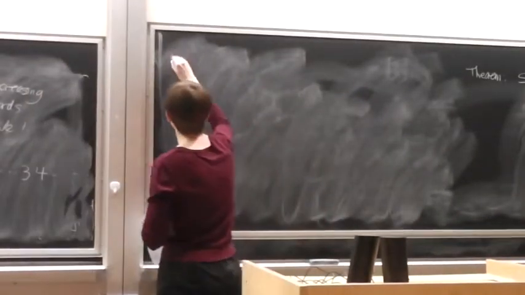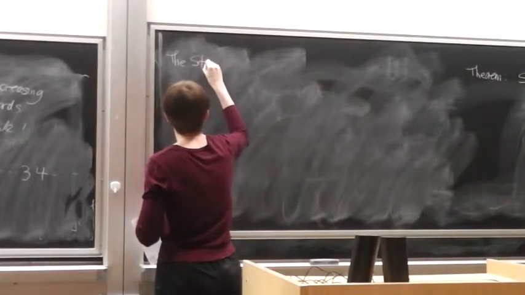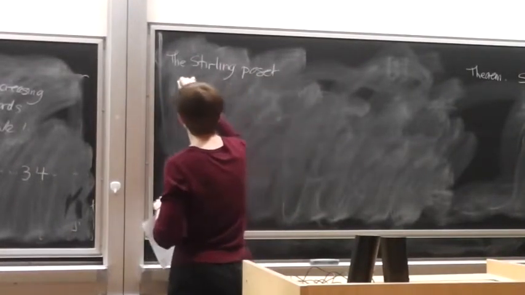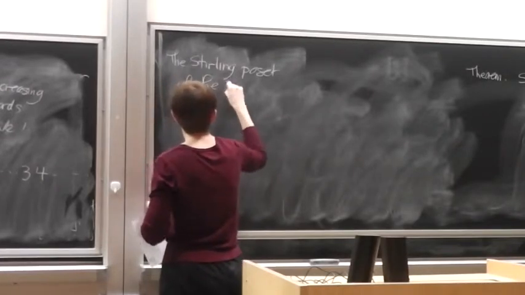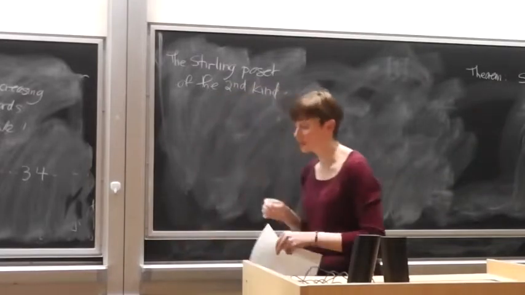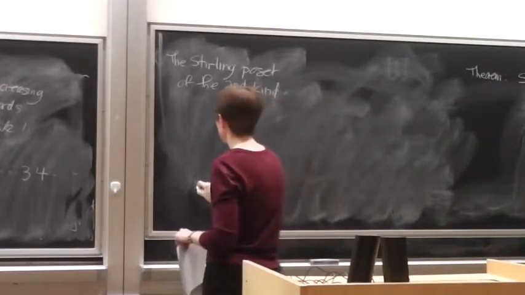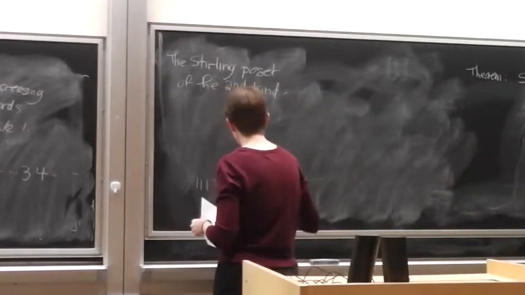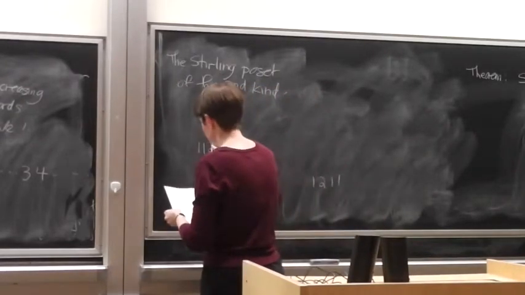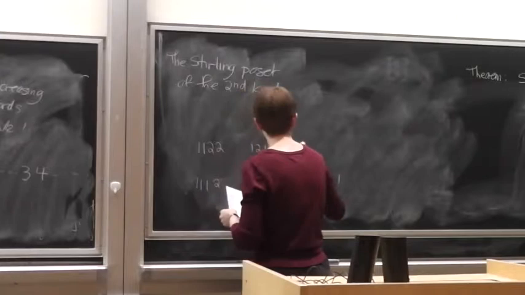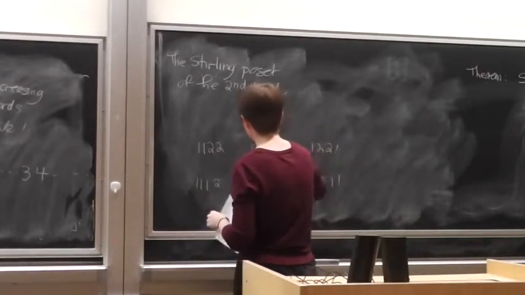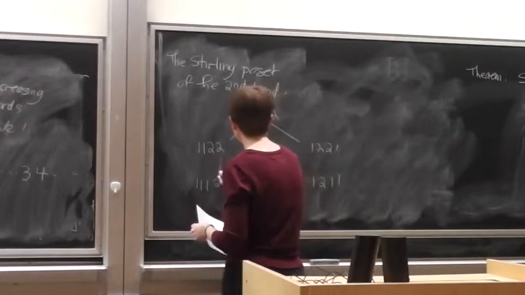So let me say something about the Stirling poset of the second kind. We want to take these RG words and form a partially ordered set. So let me just write it. 1, 2, 2, 2, 1, 2, 1, 2, 2, 1, 1, 2, 2, 2. So this is a very easy example.